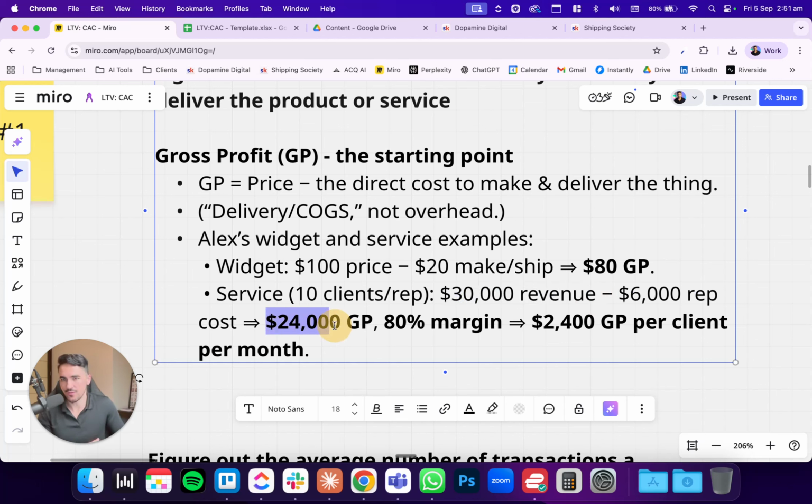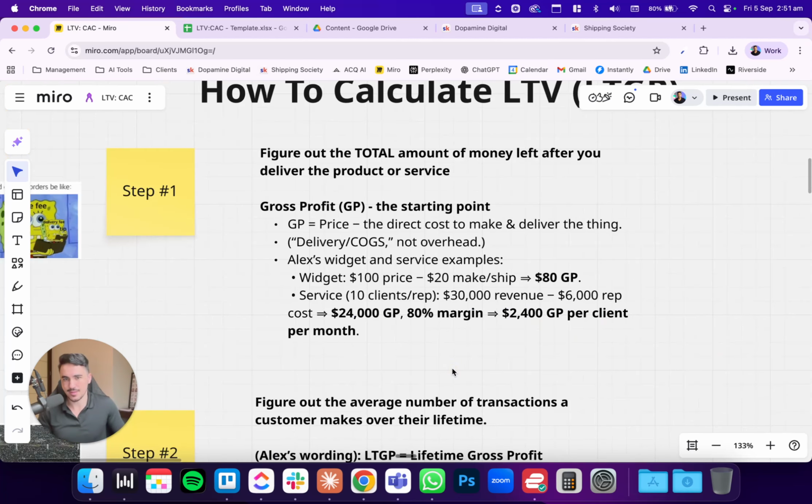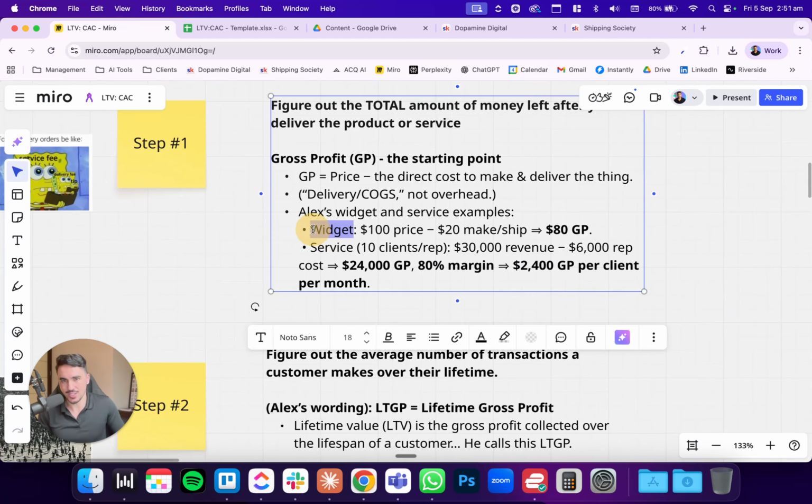You have $24,000 in gross profit and then 80% margins, which is what he suggests. So it works out to be $2,400 in gross profit per client per month. All right, let's just try and keep this in your mind because this is really simple to understand.